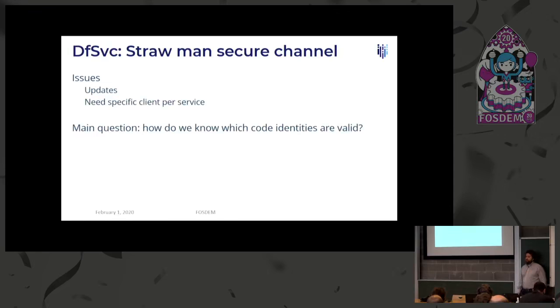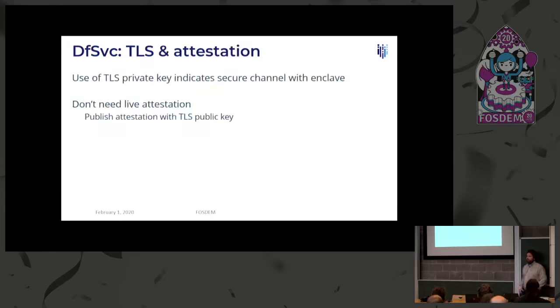So like I said, it's a byte stream abstraction, so we can just use TLS. If we take a TLS private key and assign it to the enclave, and then make sure that the enclave never exposes this private key to the world, then if you are able to establish a secure channel and the enclave identifies itself using its private key, you're talking directly to the enclave, right?